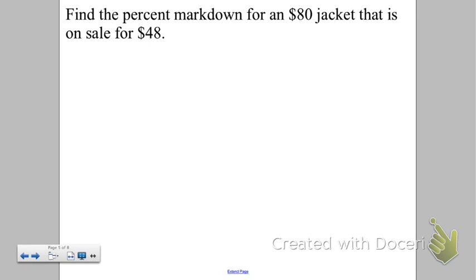Find the percent markdown for an $80 jacket that is on sale for $48. So since this is a markdown, I'm using the same formula. Markdown equals the percent times the original cost.